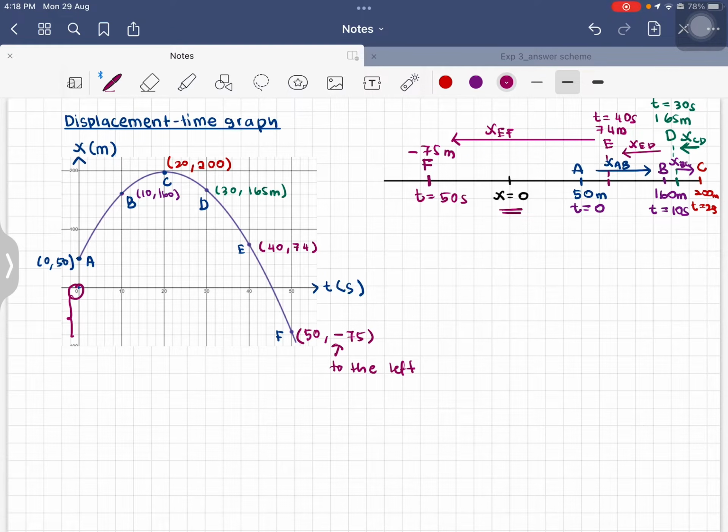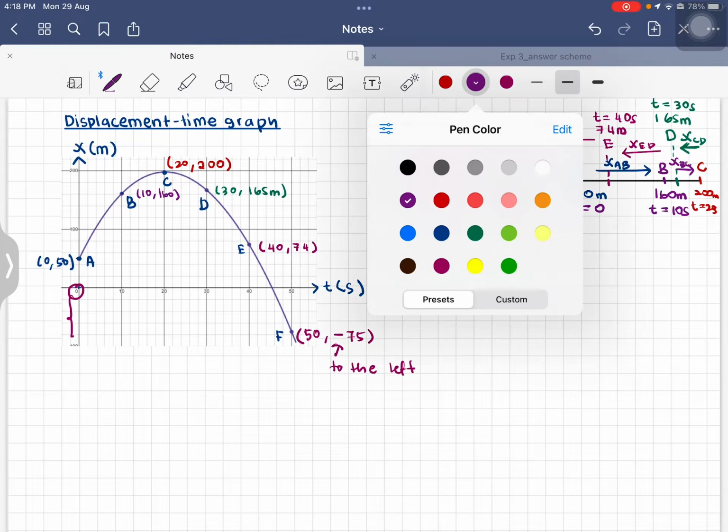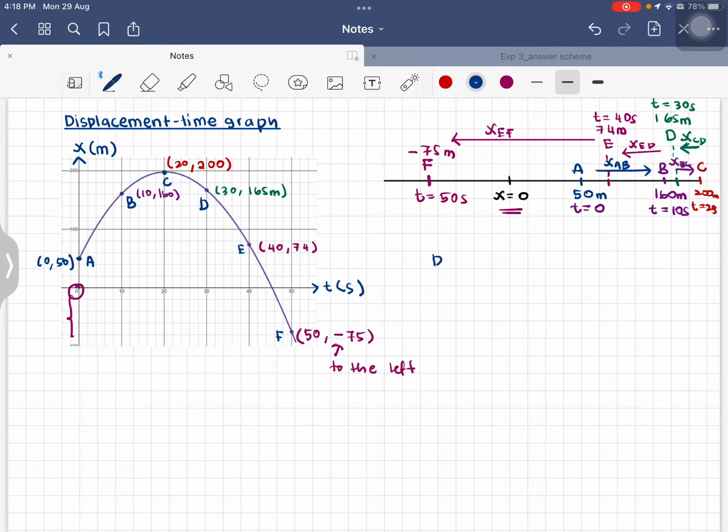Now, if the question asks, what is the displacement at t equal to 35 second? This one, you just read it from the graph, where 35 second is here.